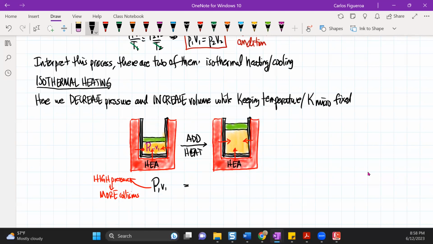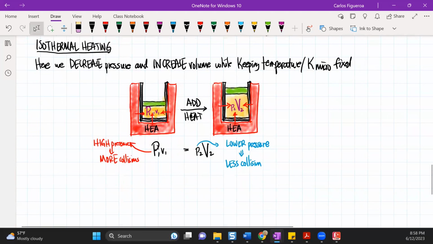So then this guy is going to expand in such a way that the pressure is smaller because I now have a larger volume. So here you're seeing that I have a lower pressure. Why do I have a lower pressure? Because there's less collisions with the walls. So then we see that the pressure drops and the volume increases as I move to that state.